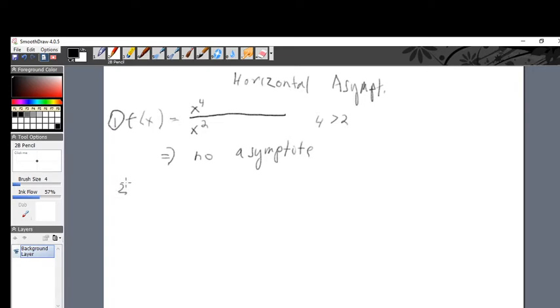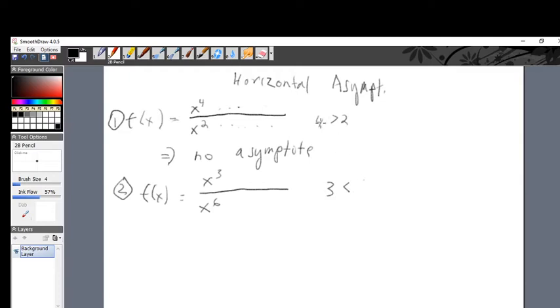Case 2. What if you have a situation where there's a bunch of things going on, but that doesn't matter? All we care about is the highest degree. Let's say the one on top is x to the 3, and the one on the bottom is x to the 6, and we know that 3 is less than 6.